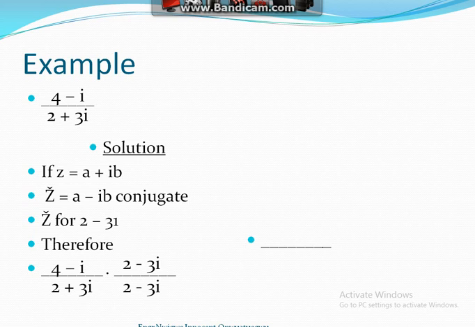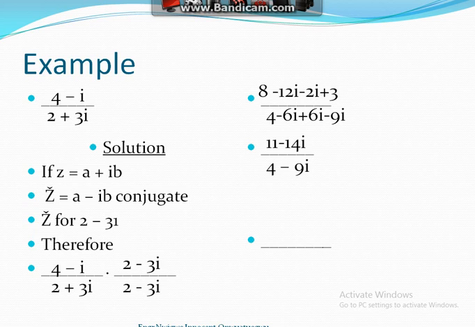If you multiply, we have 8 minus 12i minus 2i plus 3i squared, all over 4 minus 6i plus 6i minus 9i squared, which gives us 5 minus 14i all over 4 minus 9i squared.